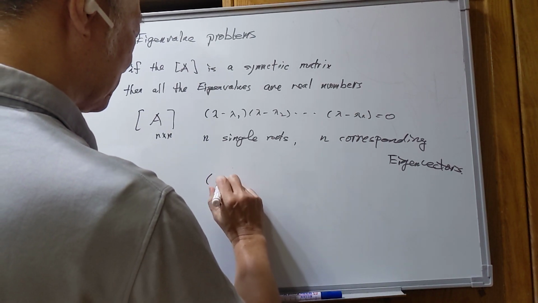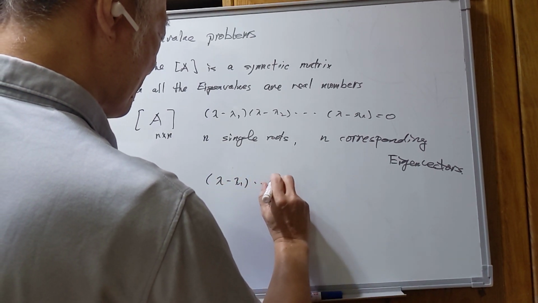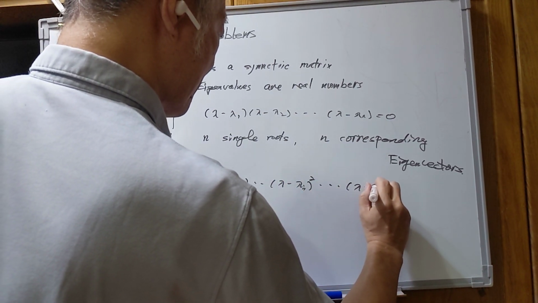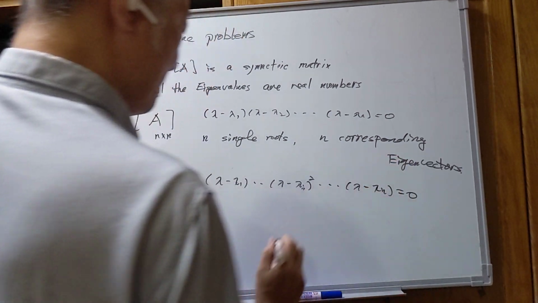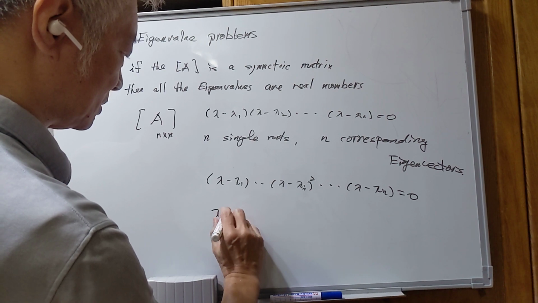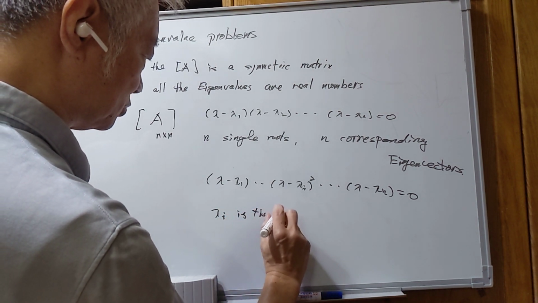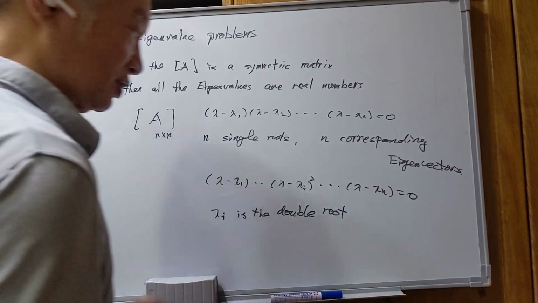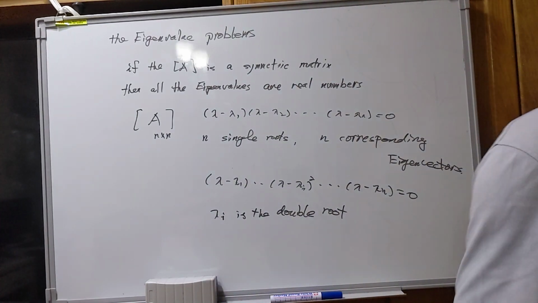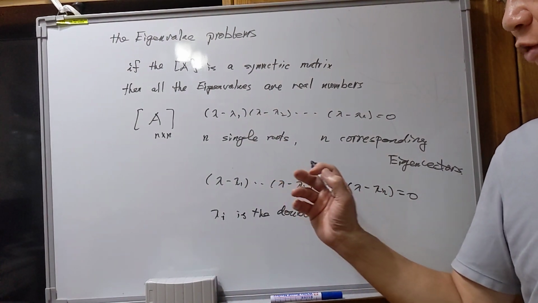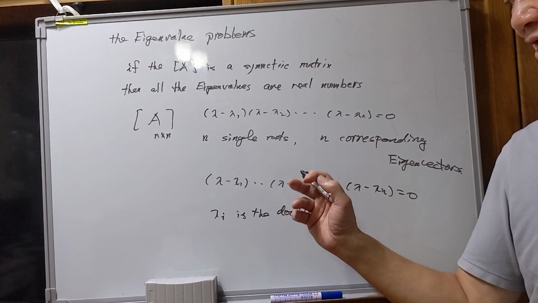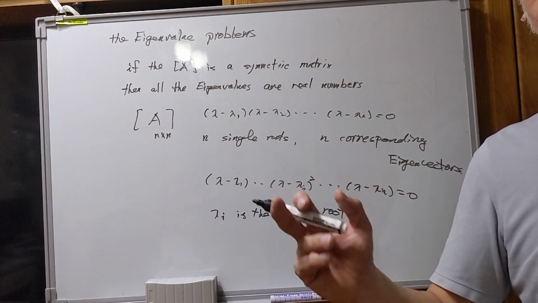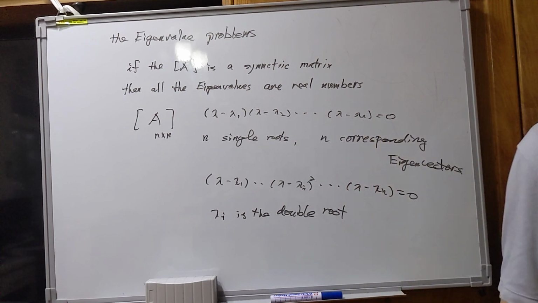Then we have n corresponding eigenvectors. Sometimes lambda_i could be a double root. If in the characteristic equation you get a factor of (lambda minus lambda_i) squared, then you can say lambda_i is the double root.